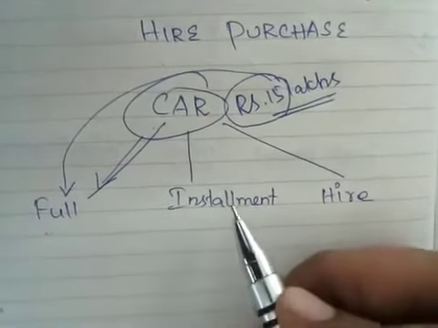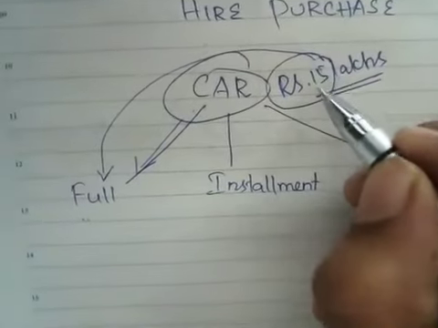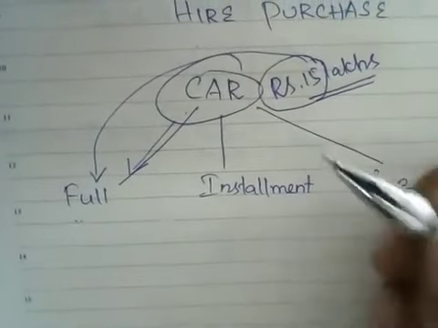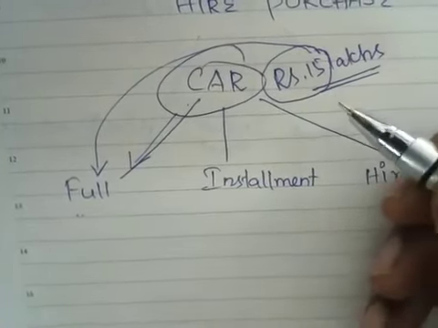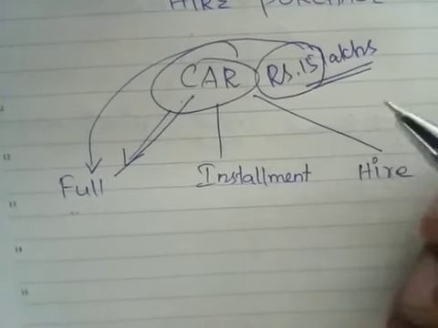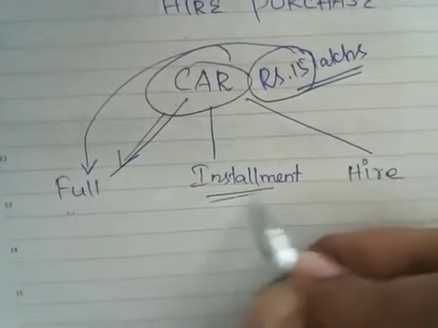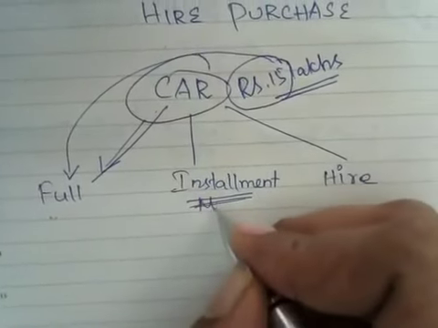The second method: the car costs around 15 lakhs and I am unable to pay the 15 lakhs in one period of payment. So I split it into another mode, known as the installment method of purchasing.